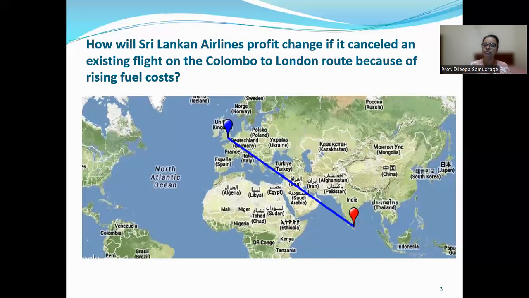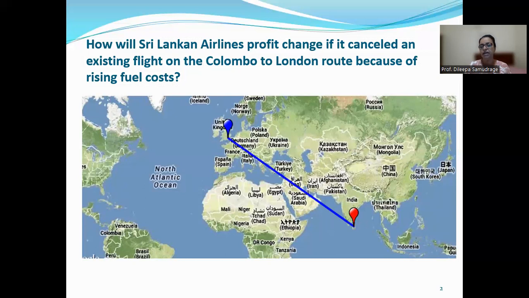So if Sri Lankan Airlines stops the Colombo to London route because of rising fuel cost or any other reason, what will happen to the total profit, or what is the impact on total profit because they stop the Colombo to London route?